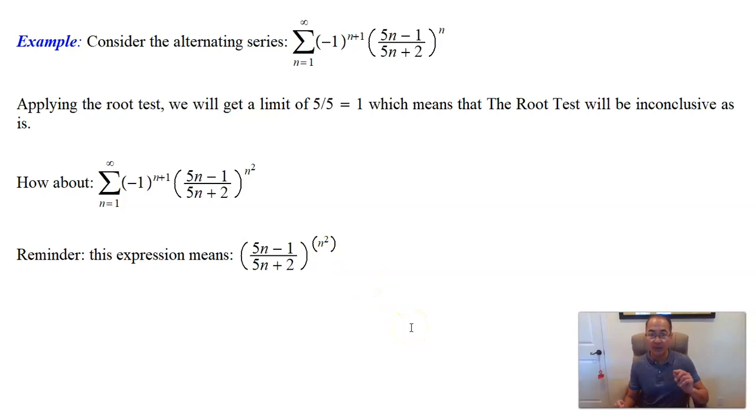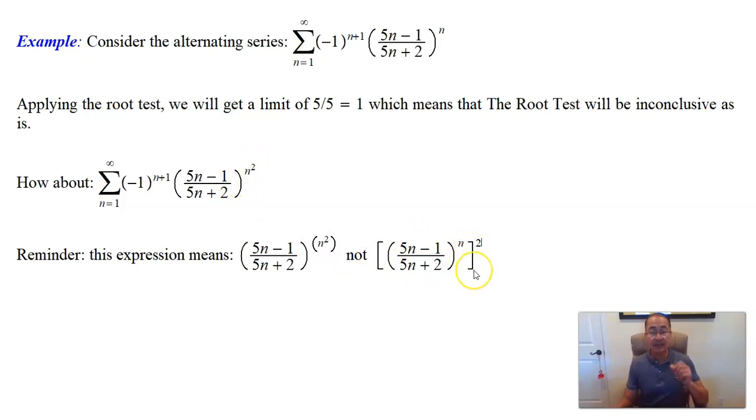Okay, so just so you don't think that it's supposed to be, I'm going to erase that for a minute, and then I'm going to put brackets here and square there. No, no. This does not mean this.